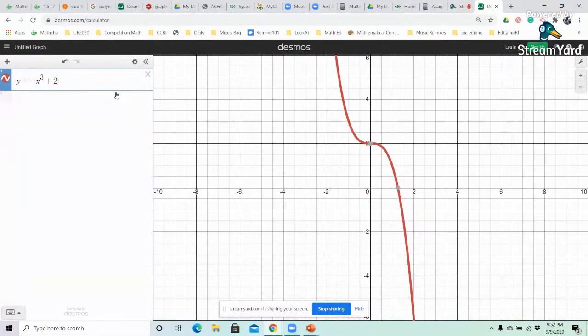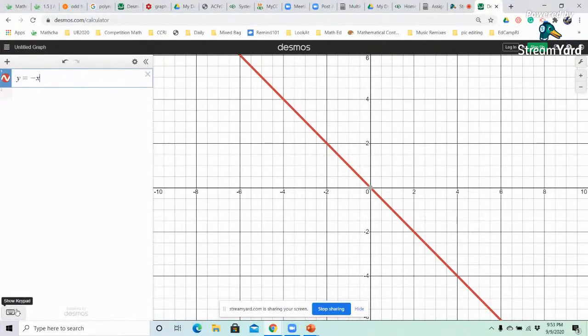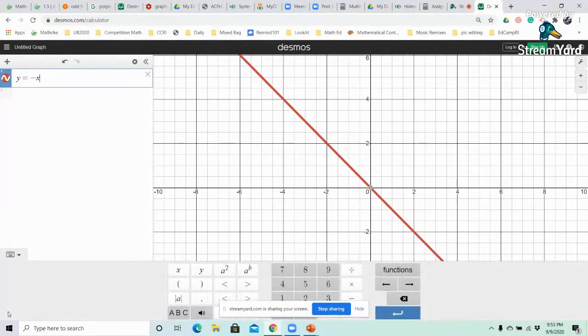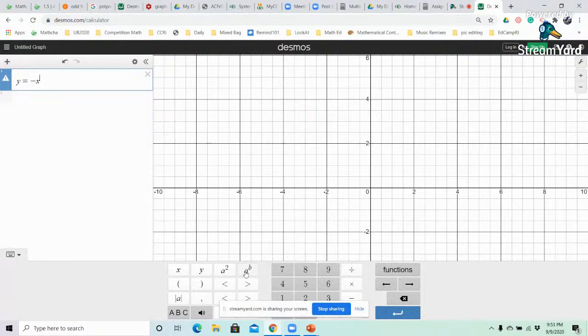By the way, if you can't access the cubic, or if you're looking for additional functions, in this bottom left corner there's a keyboard which shows you some of your basic functions. So there's the squared, and if you want to do a power, which is pretty common, you just use the A raised to the B button, type in your 3.